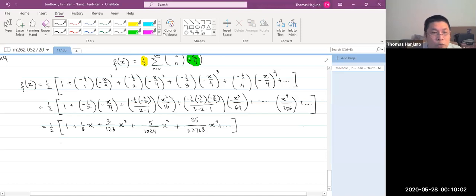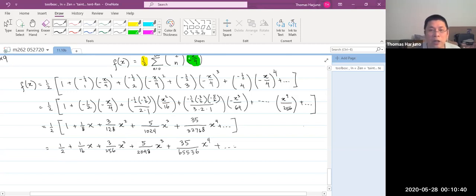And then to make it even smaller, this is equal to, I multiply the 1/2 in. So 1/2 plus 1 over 16 x plus 3 over 256 x squared plus 5 over 2048 x cubed plus 35 over 65,536 x to the 4, and on.